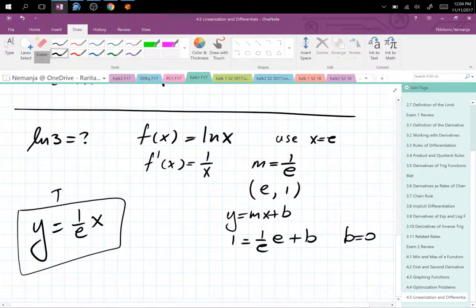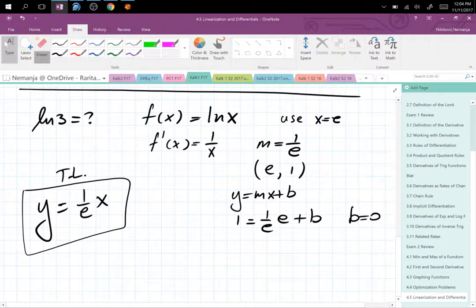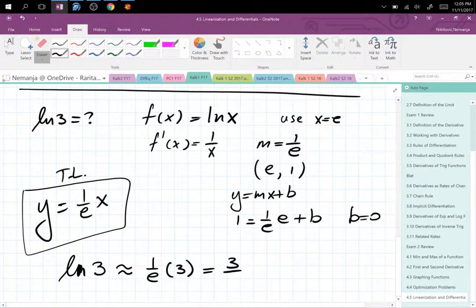And now we know, instead of computing 3 in ln, we will compute 3 in the tangent line. So ln of 3 is approximated by 1 over e times 3, which is 3 over e, which is about 3 divided by 2.7, which is 30 over 27, which when you cancel by 3, you get 10 over 9.